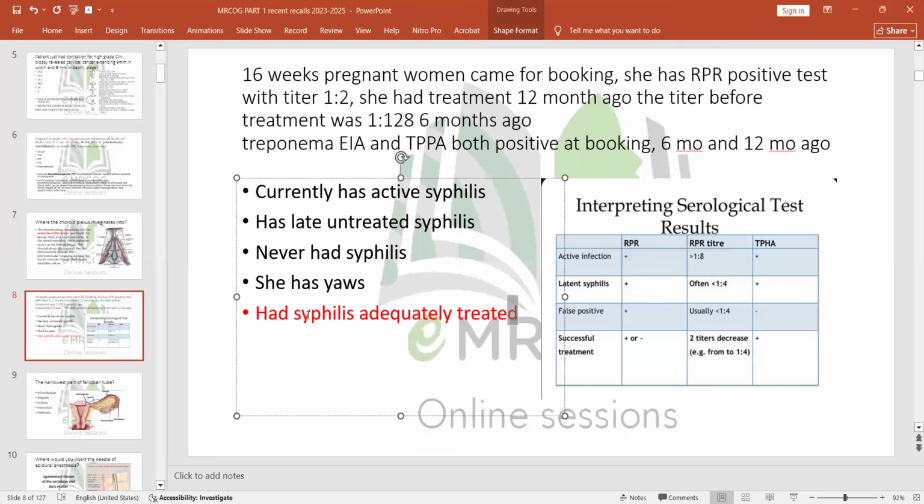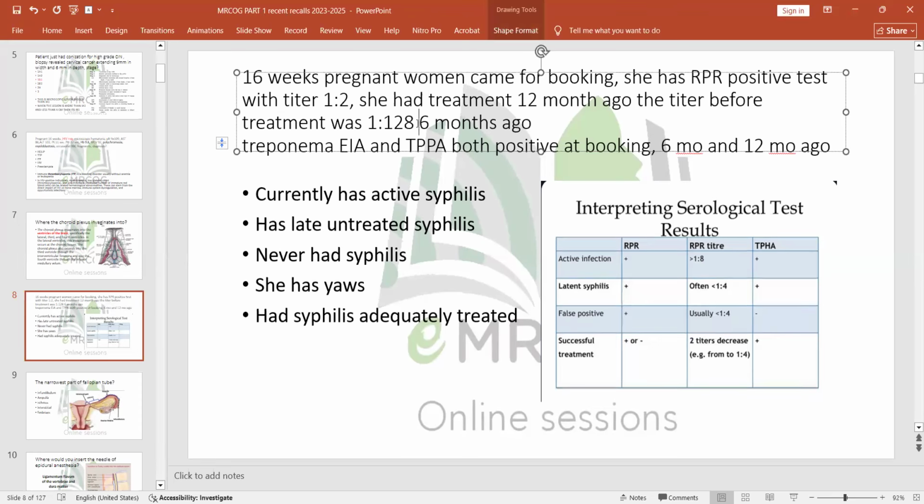Forget about what I have done here. Let us have a quick look over it. Which one is higher, 1 to 2 or 1 to 8?